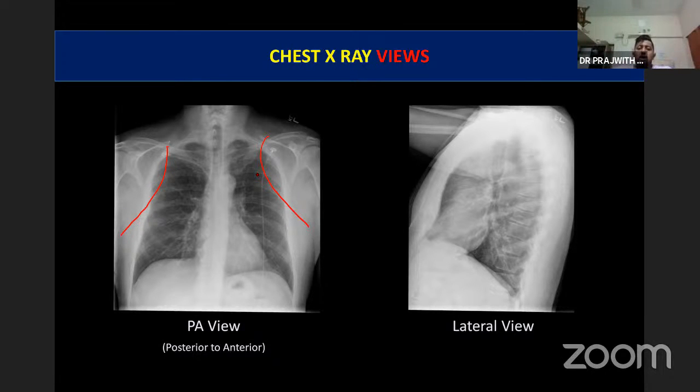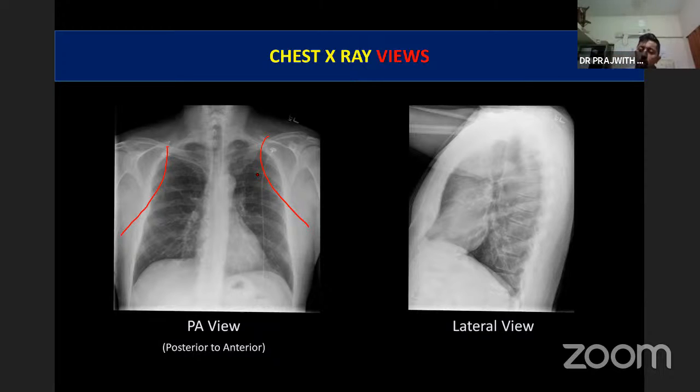We get a clear lung, which appears blacker because of the air. Now, if I do imaging on this and there is a tumor, a clear-cut image of the tumor can be seen. So this is what we see in case of a PA chest X-ray.